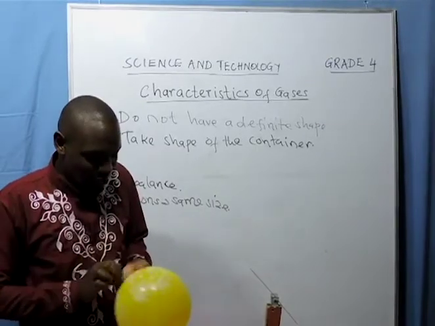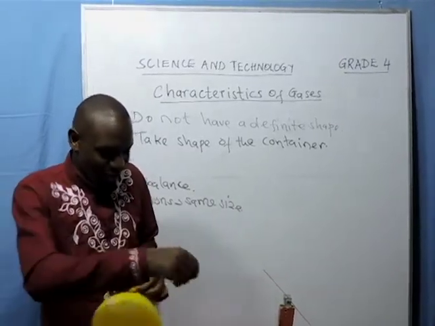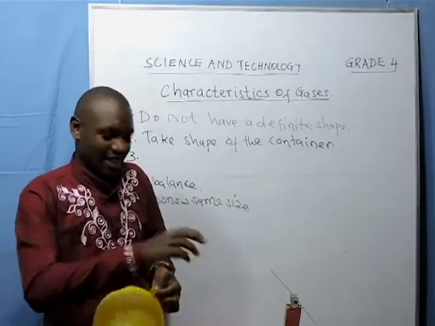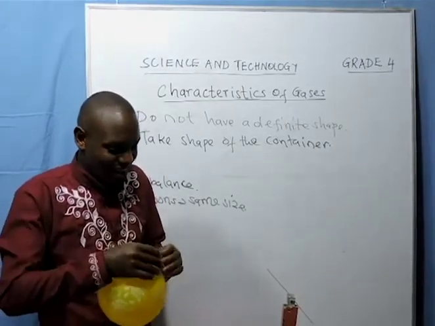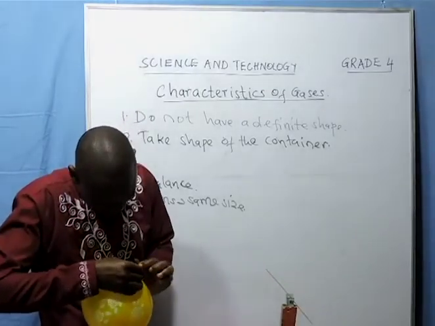Then we balance the two balloons on our beam balance. If you don't have a beam balance, you can use a straight piece of stick. You can balance them on a straight piece of stick.